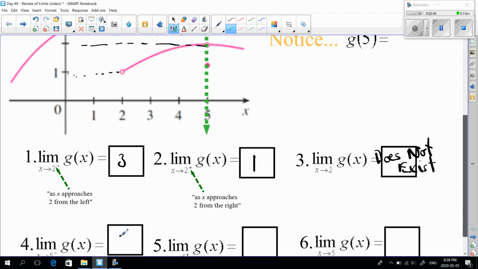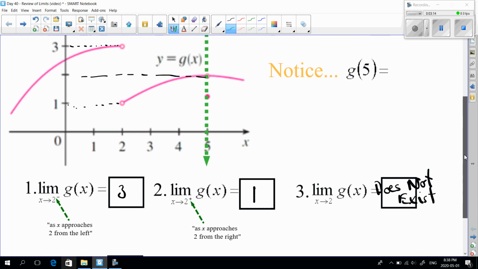If I approach from the right, that's this short little piece of the curve, and I'm working my way back towards the x value of 5, and I also arrive at a height of 2. So when I hit the straight edge, or this green dashed line, I arrive at a height of 2. Since the limit from the left equals the limit from the right, the limit as x approaches 5 of g at x equals 2.